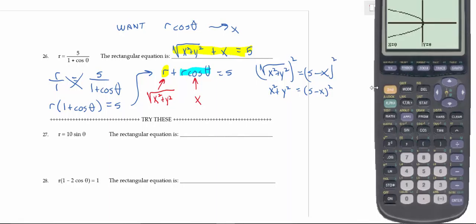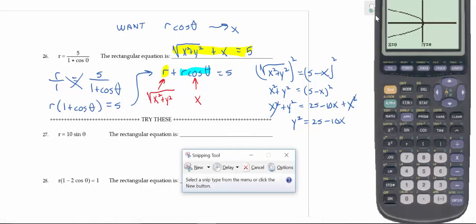If you worked this out, you would have x squared plus y squared equals 25 minus 10x plus x squared, and the x squareds would cancel, so you're left with y squared equals 25 minus 10x. That's why it's a parabola. Parabolas are quadratic in one variable. The y is to the second power, but the x isn't. That's how you know.